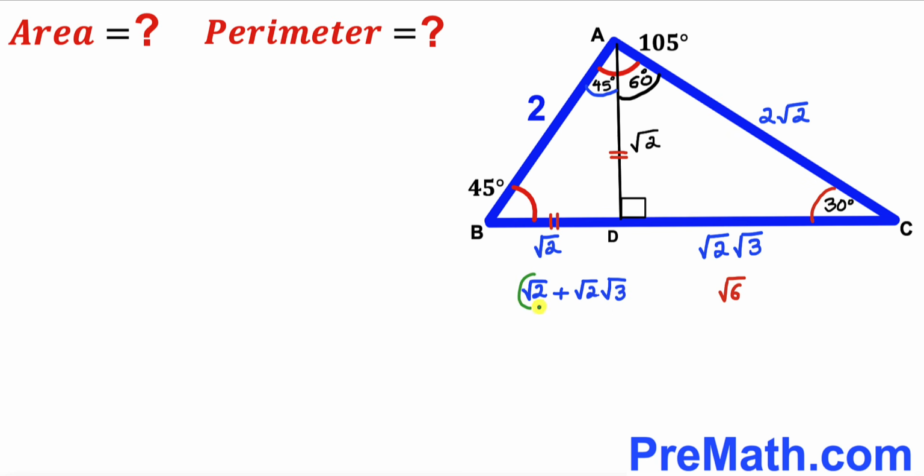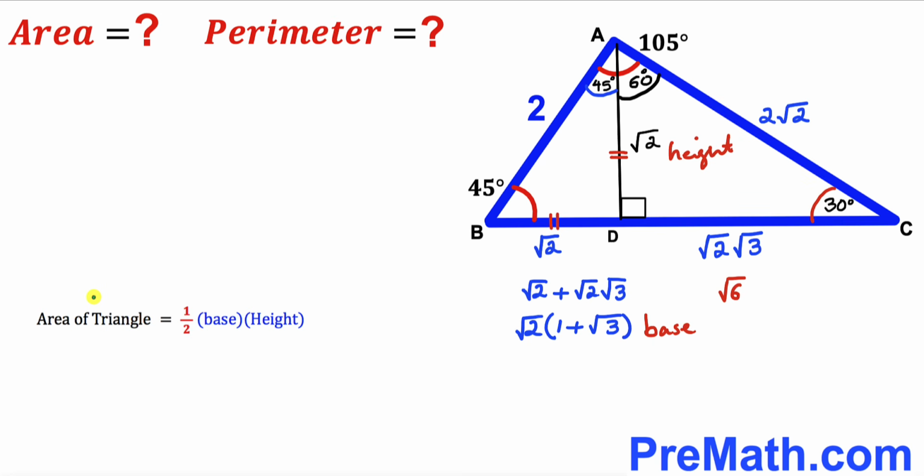And here we can see square root of 2 is in common. So therefore we can bring this square root of 2 outside, and we end up with 1 plus the square root of 3. And this is going to be the base of this triangle, whereas this is square root of 2 as the height of this triangle.